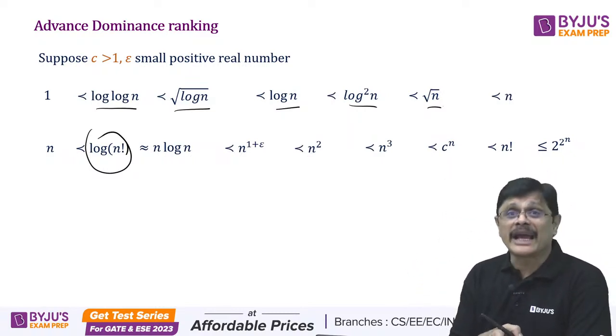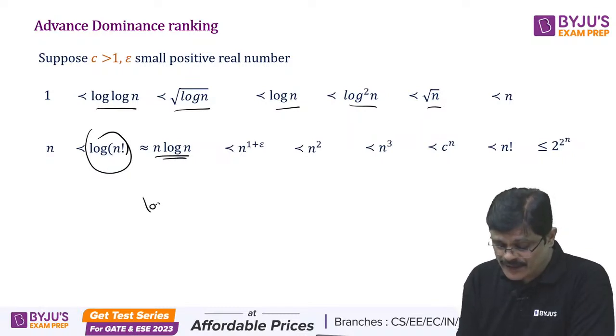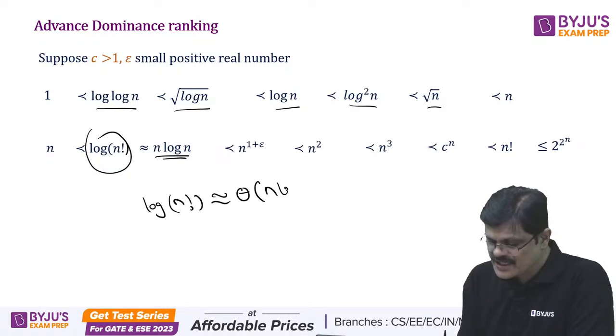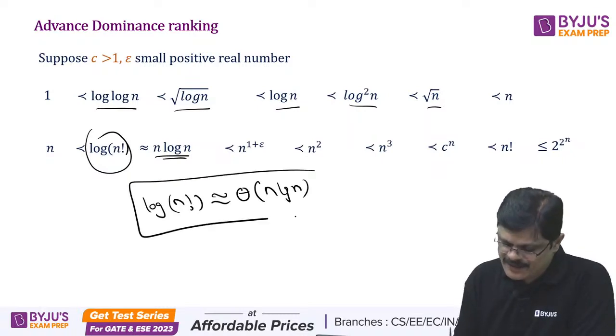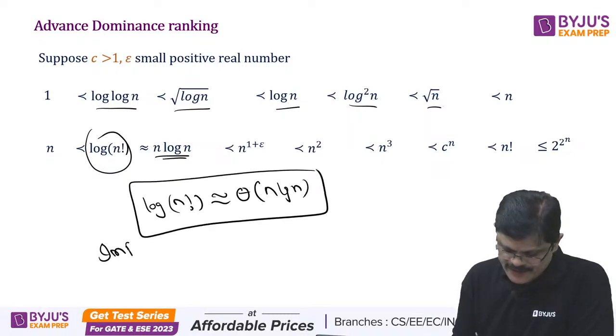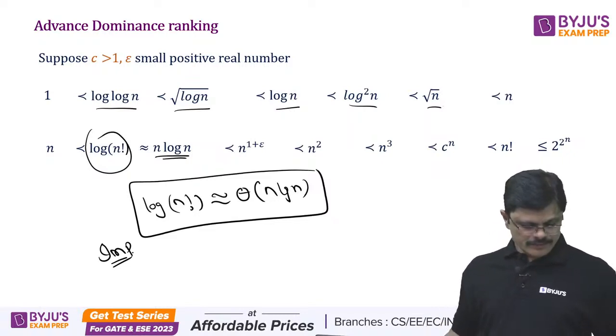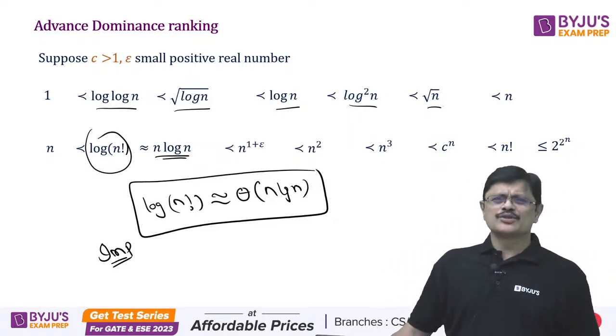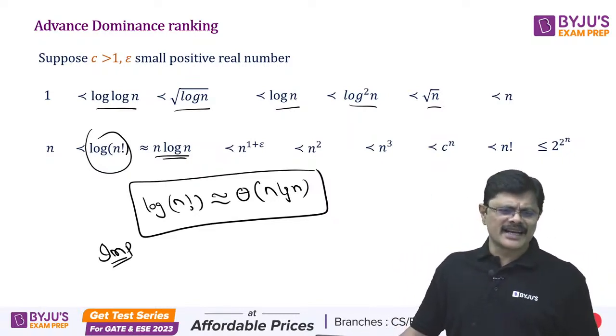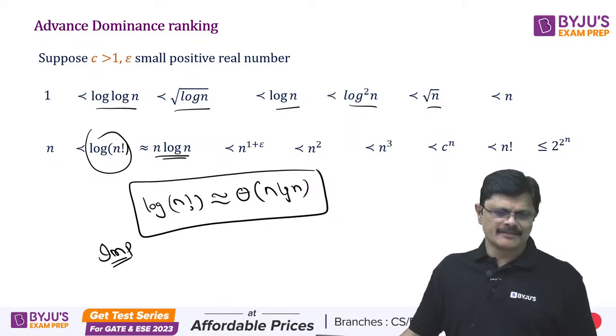This is log n factorial because by Stirling's approximation you get this result, theta n log n. This is the most important result, my dear friends. The most important result, one should know. Am I clear? So this is the most important dominance ranking which we should know, my dear friends.